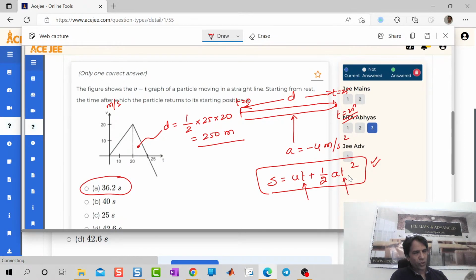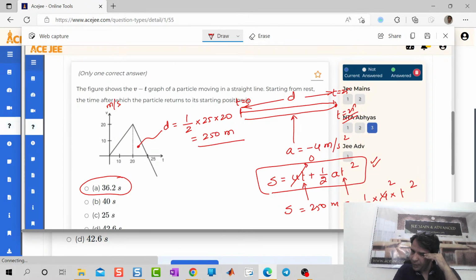So you can choose to start at any point, set your clock as t equals 0 there, and then from there measure your time duration t. If you measure from there, then your u, the velocity at that point, is 0. So what is the distance traveled? Distance traveled should be 250 meters.